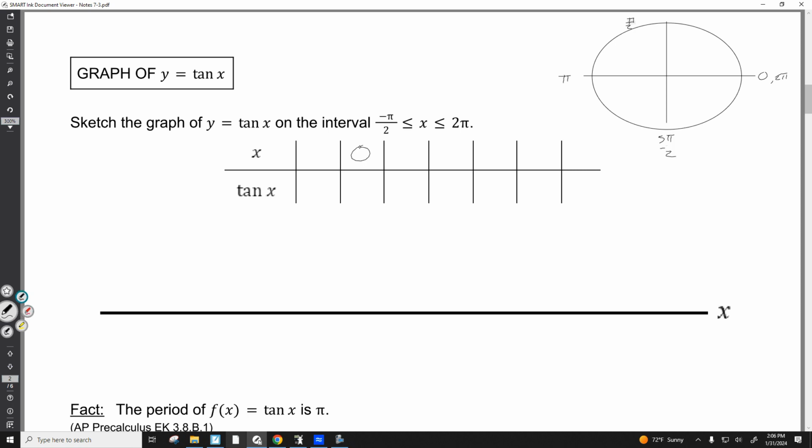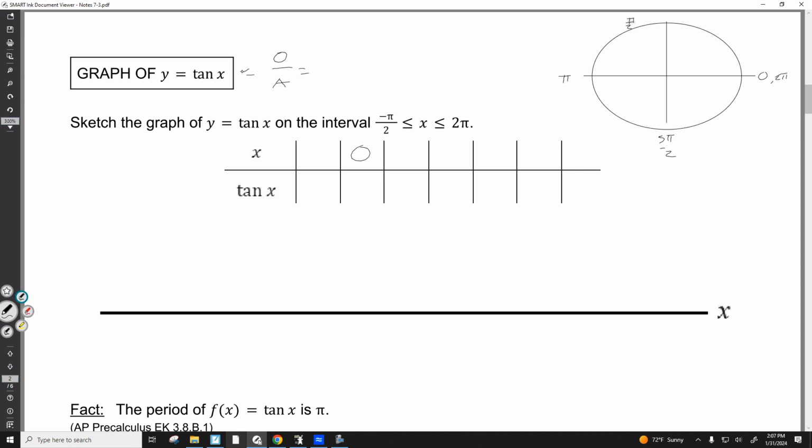What's the tangent of 0? Everybody figure it out. It's the opposite over the adjacent.